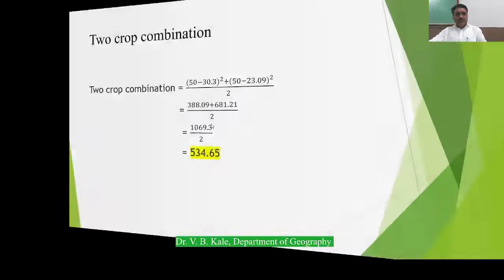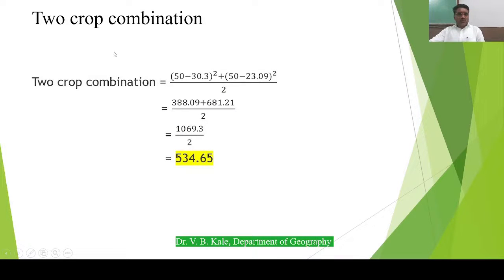Next to that, if we use same formula for two crop combination but divide it by 2, this figure is changed. Two crop combination: 50 minus 30.3 whole square, plus 50 minus 23.09 whole square, and divided by 2.